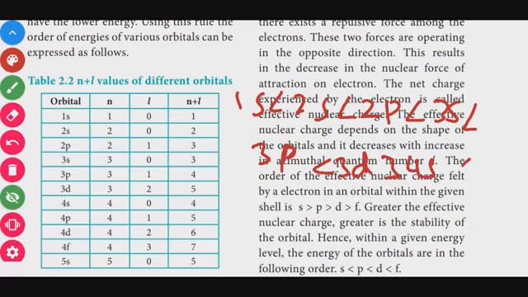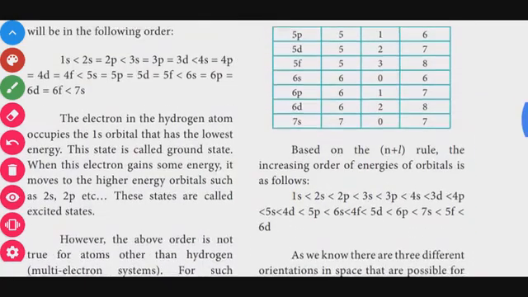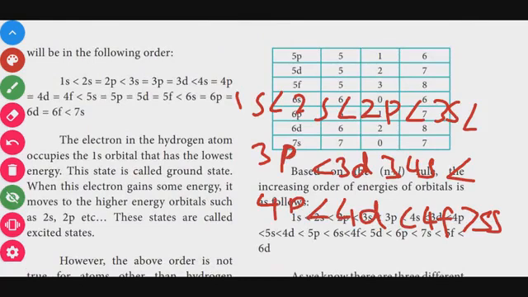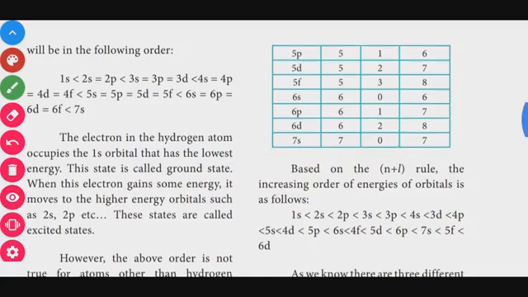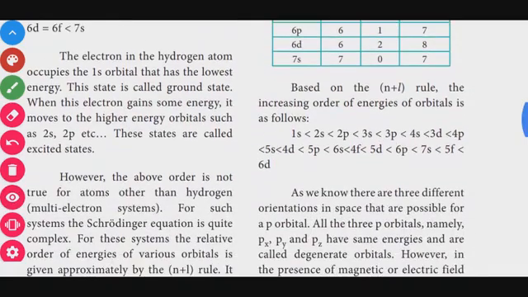They are just arranging all of this. After 4s comes 4p, then 4d, and after 4f comes 5s. After 5s comes 5p, then 5d, then 5f, then 6s, then 6p, then 6d, and 6d is greater than 7s. After writing this, for those with the same energy value, we look at the greater n plus l value.